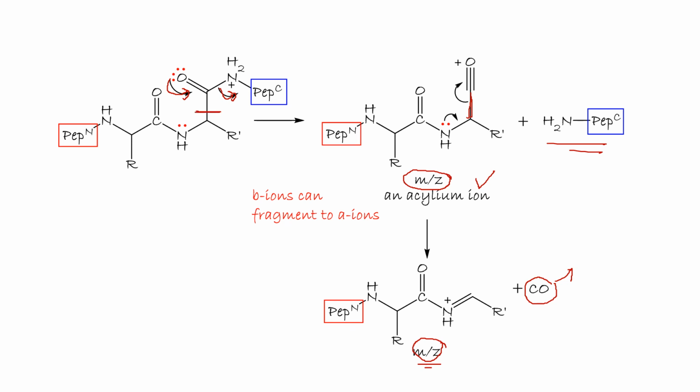The neutral species is the peptide residue and a CO neutral unit, and the charge will be on that one. So this one can be seen in the mass spec. See you next lecture.